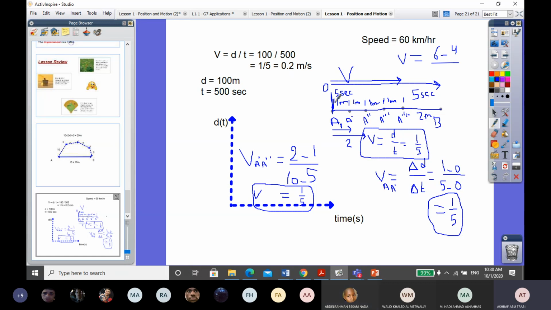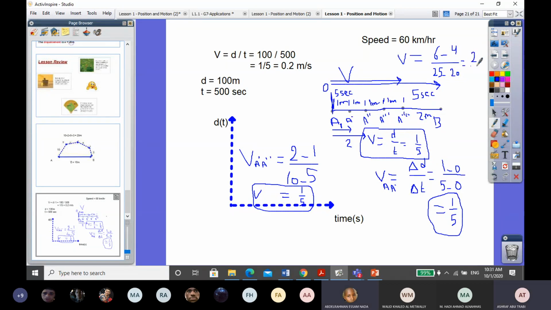The time here from A to B is 5, 10, 15, 20, 25. So 25. But from point A to point A prime it is 5, 10, 15, 20. So it will be, guys, 6 minus 4 is what?